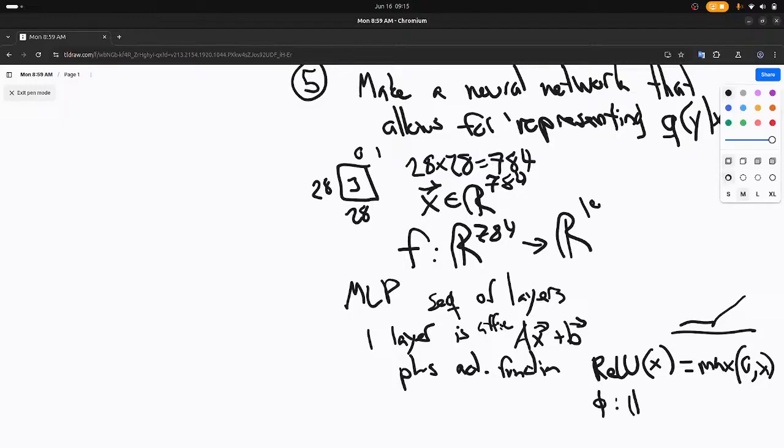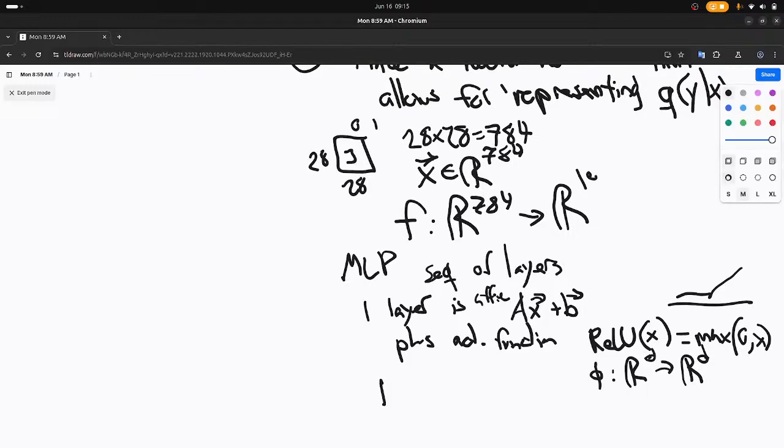Phi goes from R^D to R^D, and it's a function that applies ReLU to each entry in the input vector. So one layer is phi of Ax plus b. So this is a layer.